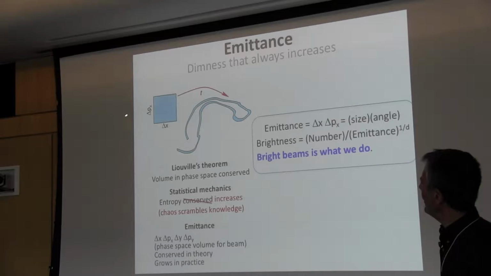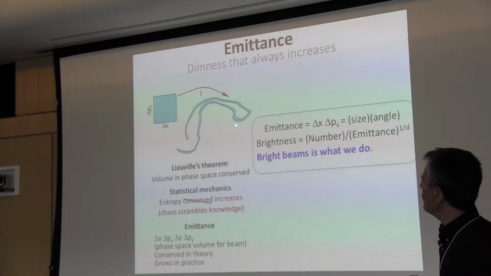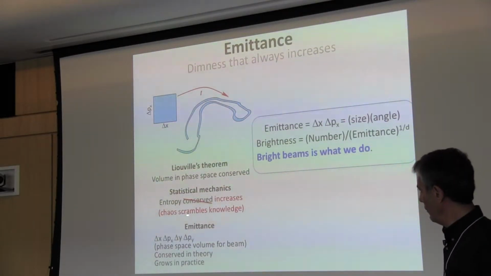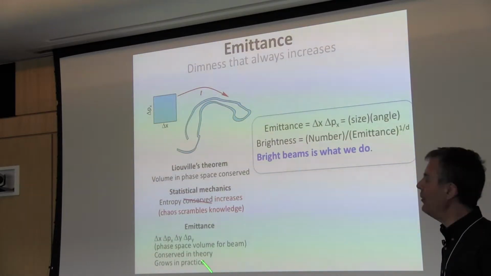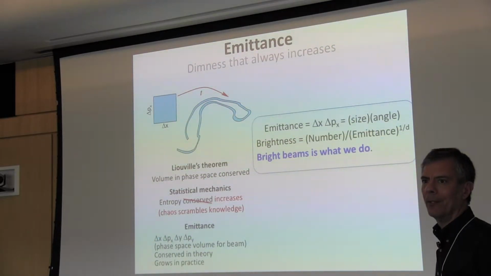Now, when you look at this picture, you're sort of distressed. Okay, it's preserved, but who's going to do an experiment with a volume in phase space that looks like that? This is related in statistical mechanics to entropy. Entropy can be thought of as the probability distribution having a conserved volume in phase space.